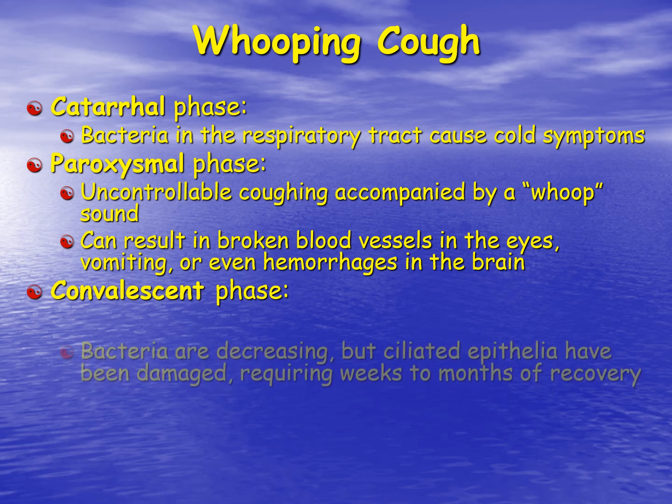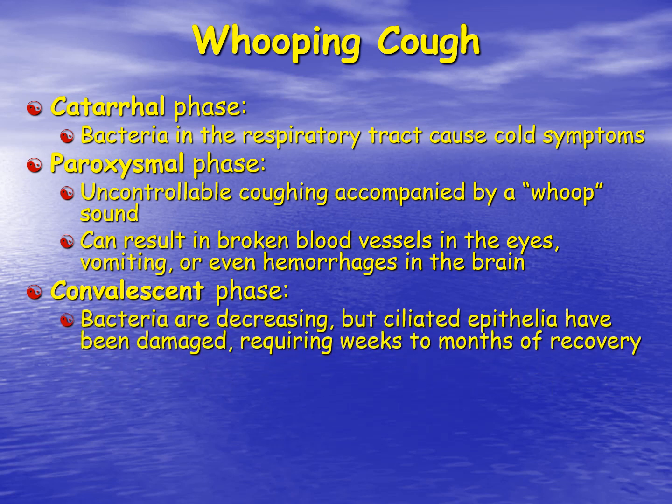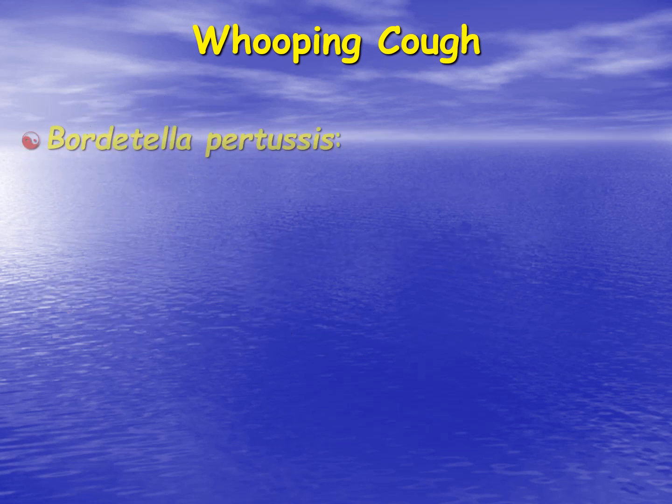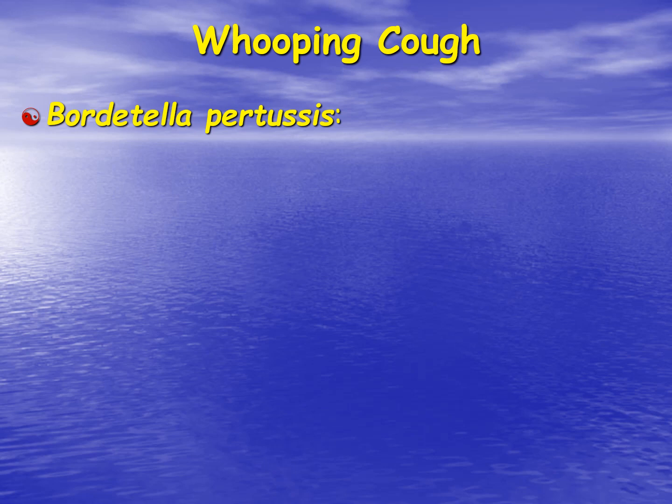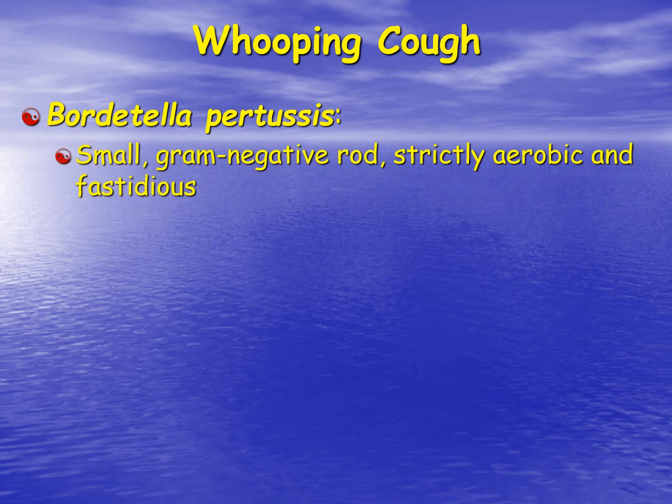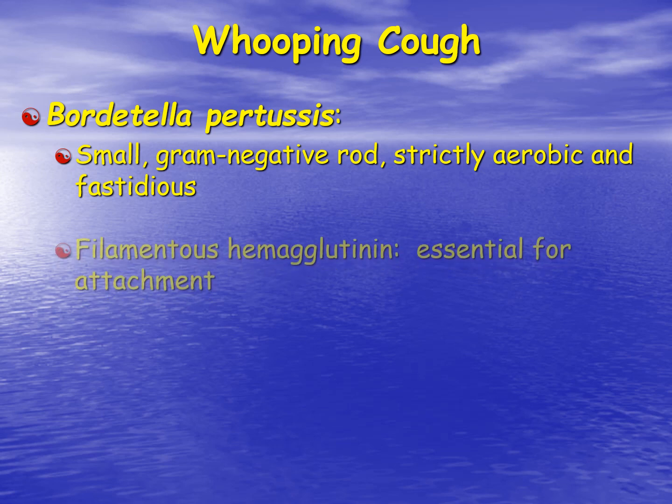The convalescent phase of whooping cough, bacteria are decreasing, but the ciliated epithelium have been damaged in the tracheobronchial tree, and this may require weeks to months of recovery. Whooping cough in humans is caused by Bordetella pertussis. This is a small gram-negative rod, strictly aerobic and fastidious.